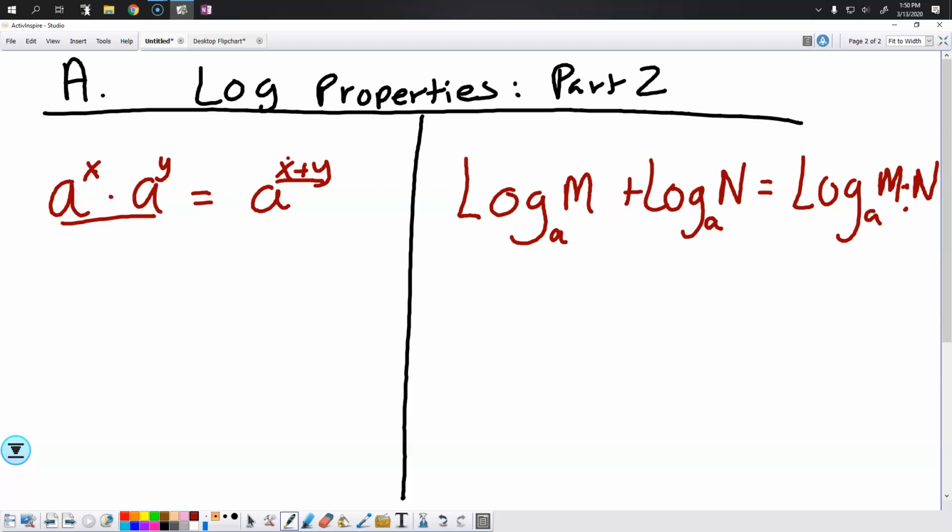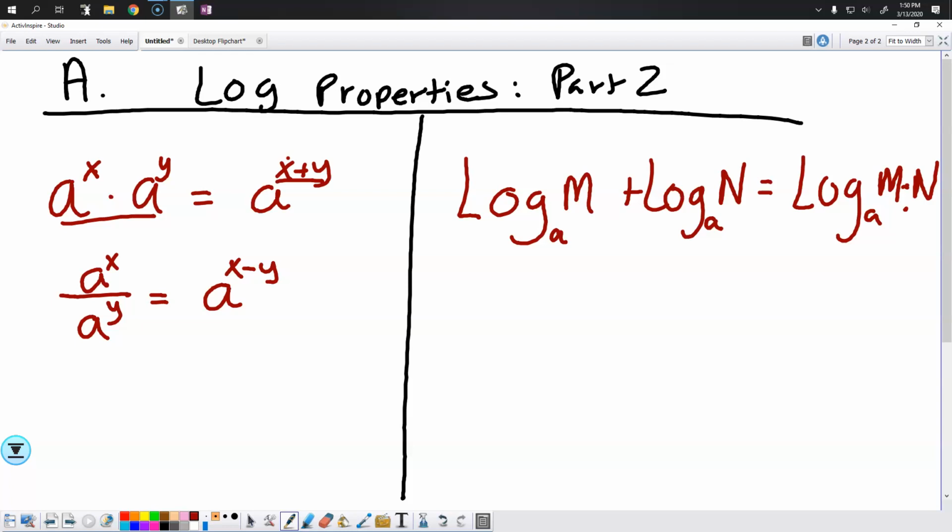All right, now how about this? What if I gave you guys another one here? What if I said a to the x divided by a to the y? What would that be equal to? A to the x minus y, right? So we have a similar property for logs then as well, all right?